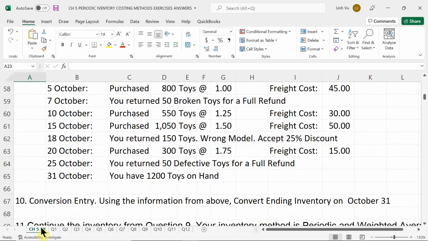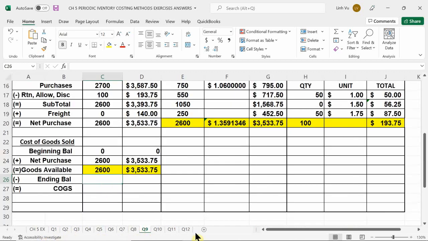Now in this case, it says here that on October 31st, you have a total of 1,200 units on hand. So that means 1,200 units. So what's my assumption here?